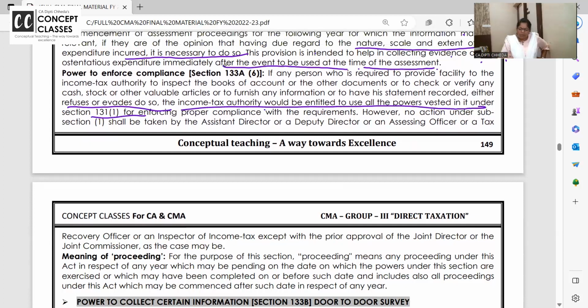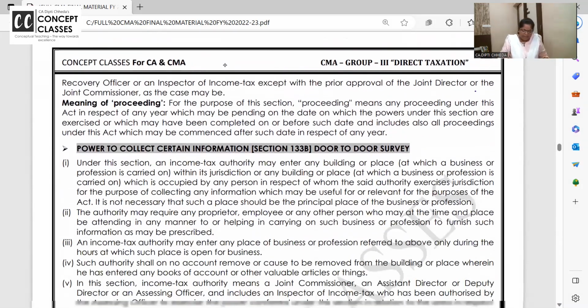Discovery, inspection, civil code पूरा लग जाएगा. However, no action shall be taken by assistant deputy director without the prior approval of joint director. So they have got immense power to get all information. और यहाँ तो इतना ही है. Dear students, in case of raid, if he is not cooperating, then 2 years of jail, imprisonment ही है सीधा.